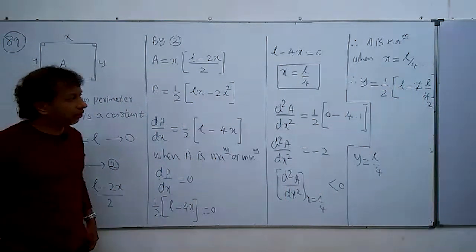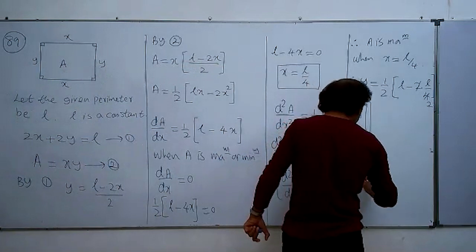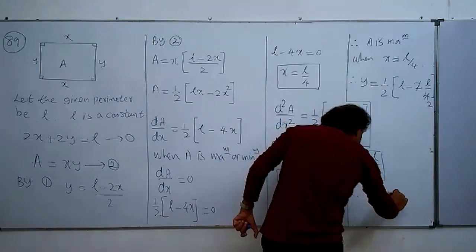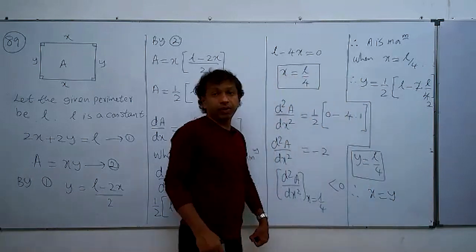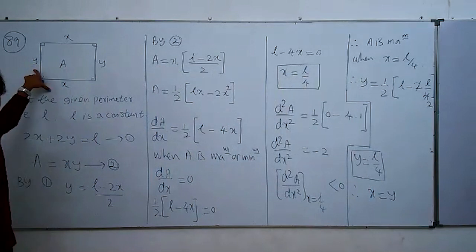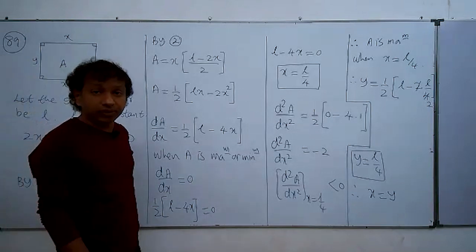So what can you say? The value of x and y being equal. Therefore, x equals y. In the rectangle, x and y being equal, this and this being equal. The adjacent sides of a rectangle being equal means what? The rectangle is, people, a square. Understand?